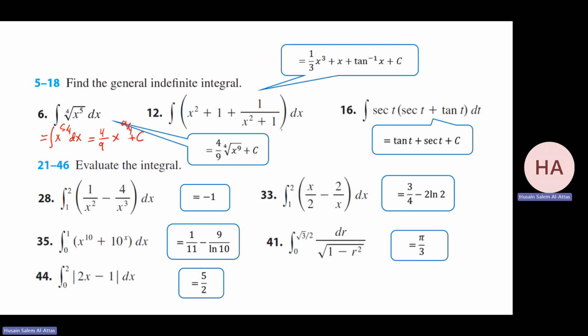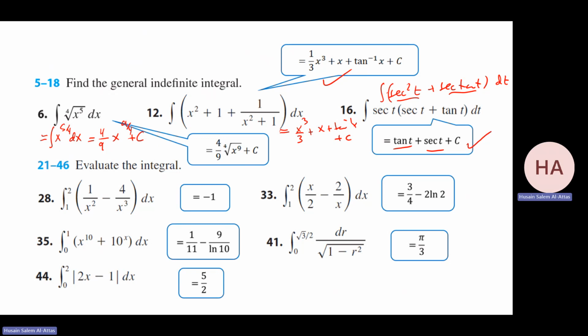This one, an easy one, will be x cubed over 3 plus x plus tan inverse of x plus c. This one, you can make it the integral of secant squared t plus secant t tan t dt. Very clear. The antiderivative is tan, and the antiderivative is secant. So this one is clear.